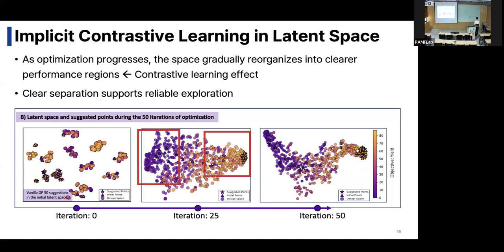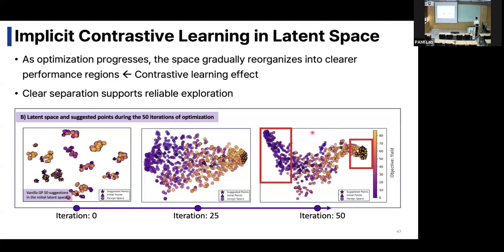But over time, we see that low value points begin clustering with other low value points, and the high value points cluster with the other high value points. We can also observe suggested points increasingly shift toward the regions associated with the higher objective values.